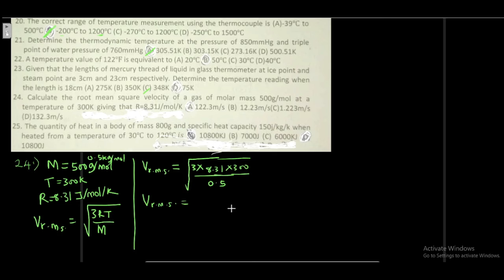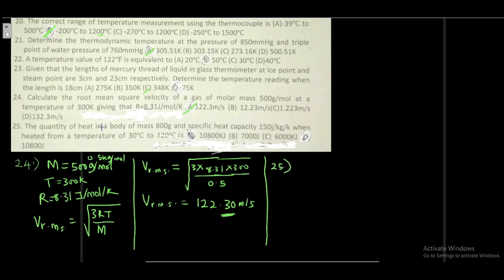That will give us 122.30 meters per second, approximately 122.3, which is option A. Now, question number 25.